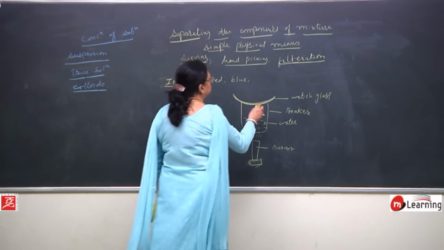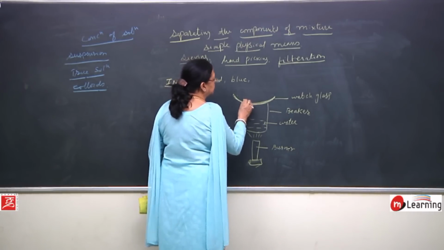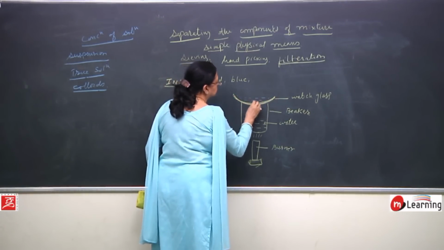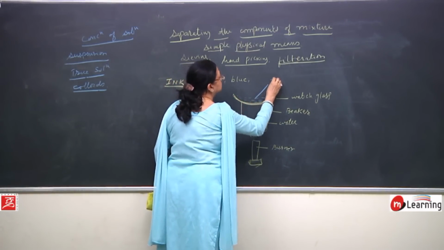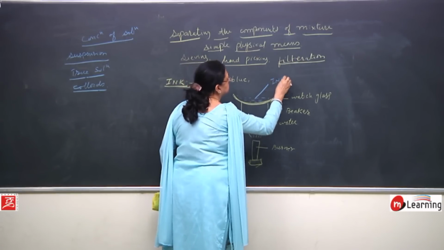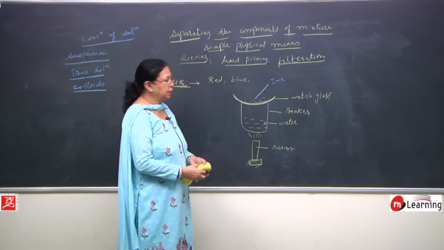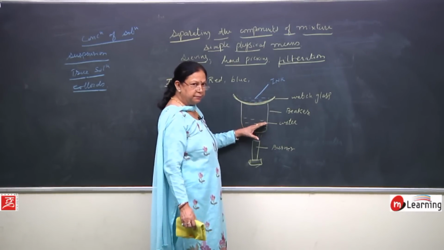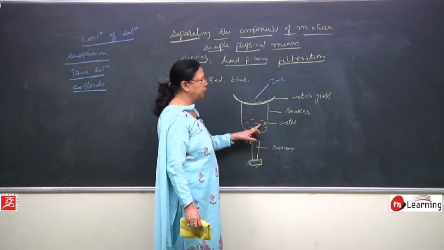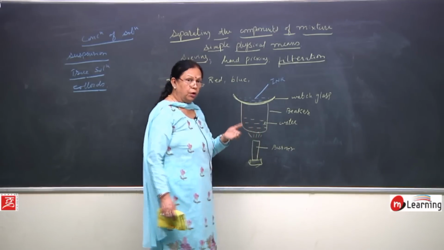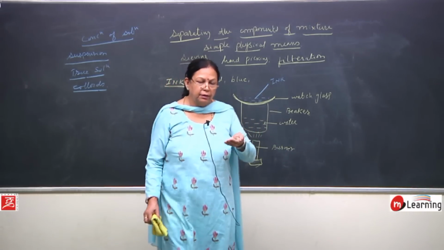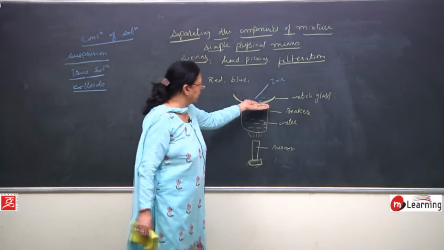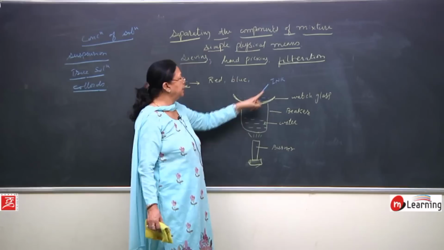And in this watch glass, you take this ink. What you have done is, you have taken a beaker, in that beaker you have taken some water, on that beaker you have kept a watch glass, and in this watch glass you have taken ink.